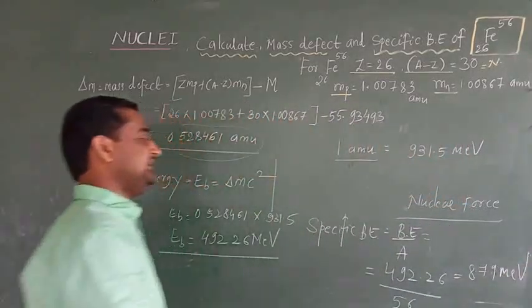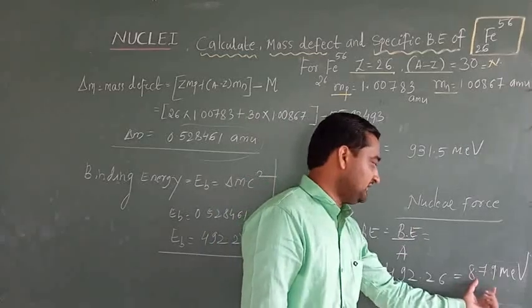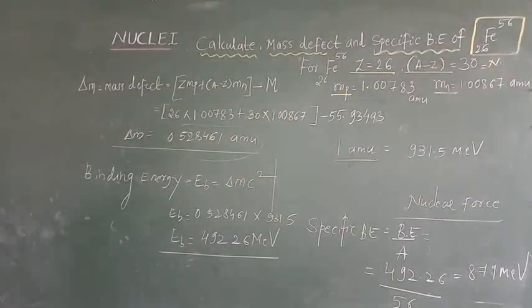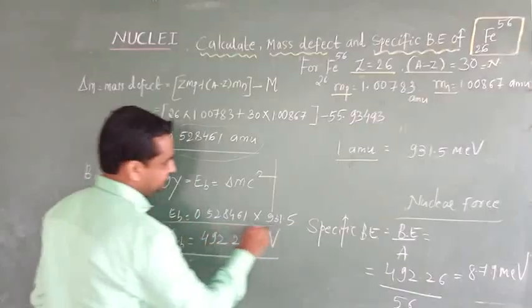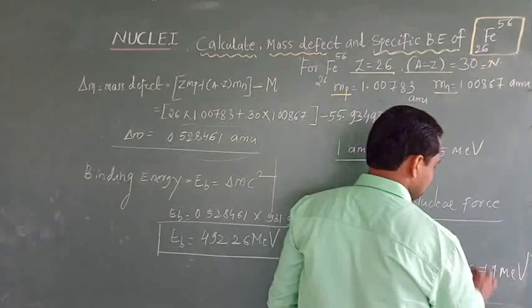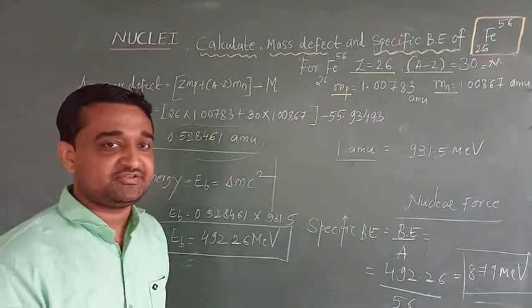So the binding energy per nucleon of the iron nucleus is equal to 8.79 mega electron volt. So this is the total binding energy of the nucleus, and this is the specific binding energy per nucleon.